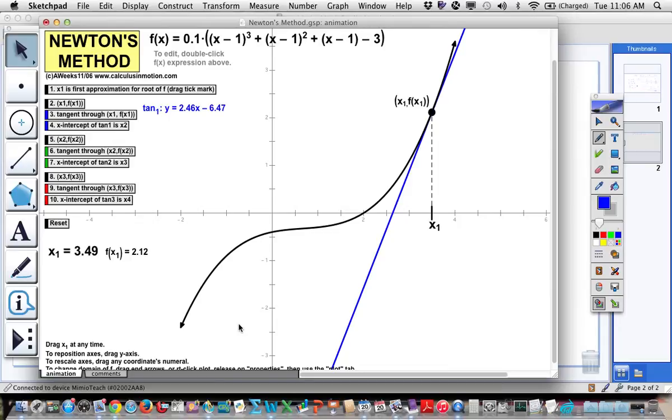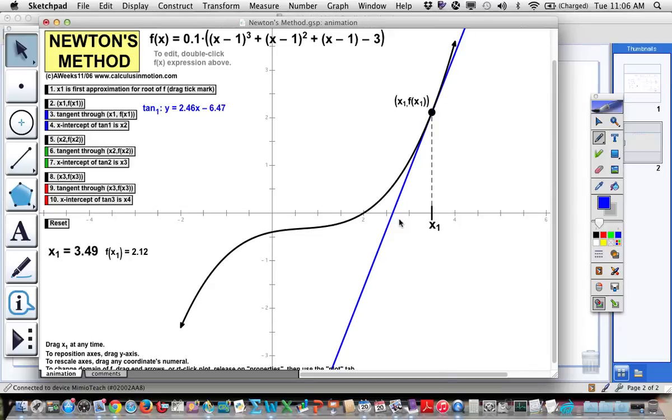If our guess was close, then the line is going to touch the x-axis at almost the same place as the curve does. Would you agree with that? Remember, that's what we're trying to find, where the curve touches the x-axis. So the blue line is close, we hope, to where the curve actually touches.